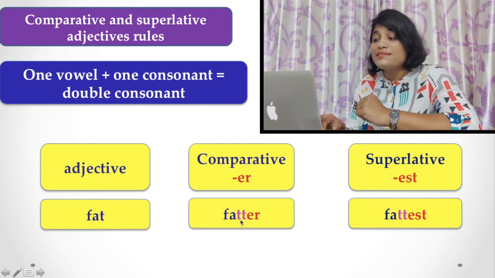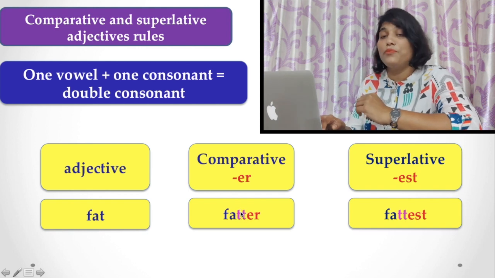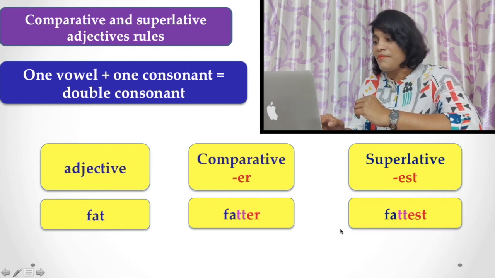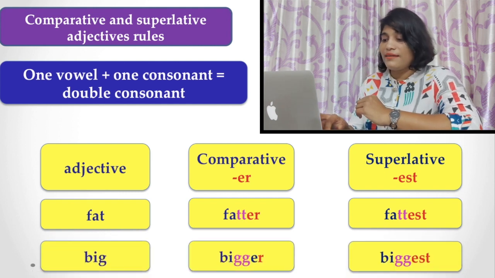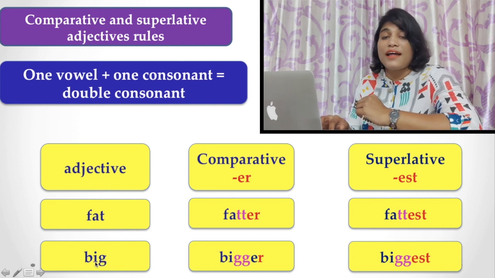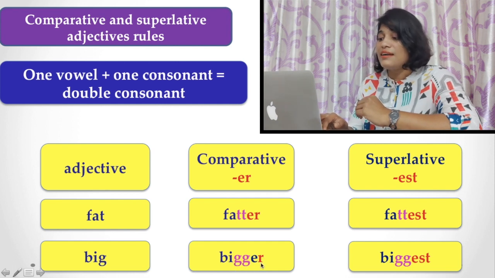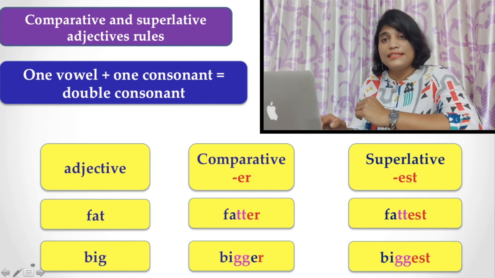So the last consonant is doubled: fatter, F-A-T-T-E-R. The last consonant becomes doubled both in the comparative and in the superlative degree. Here, "big": the last consonant is "g" and before that "i", the vowel. So the last consonant is doubled: bigger in case of comparative, and biggest in the superlative degree.